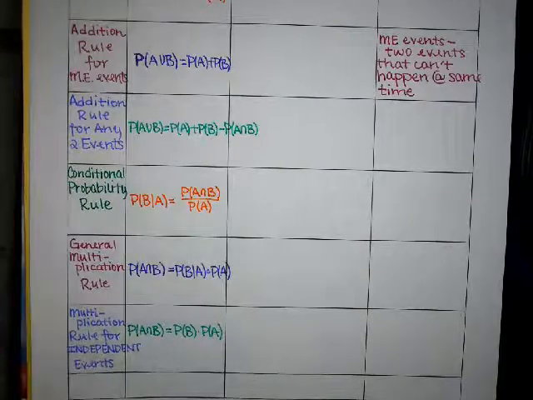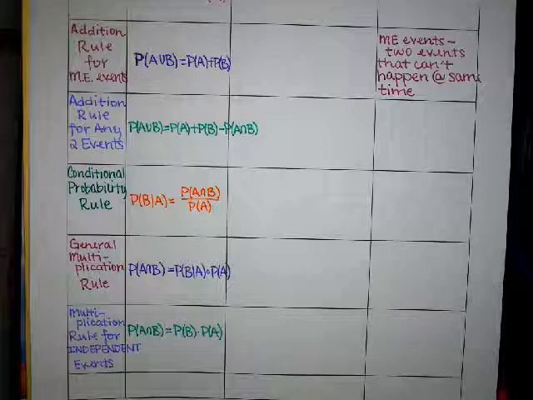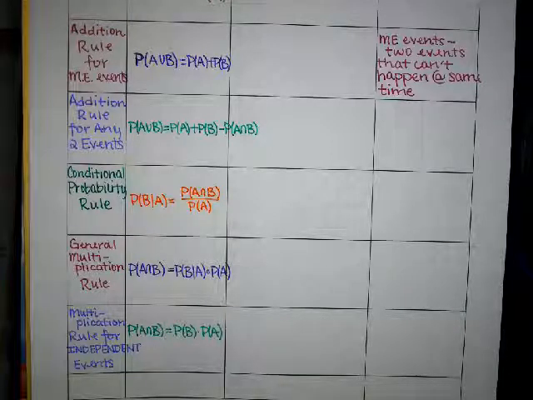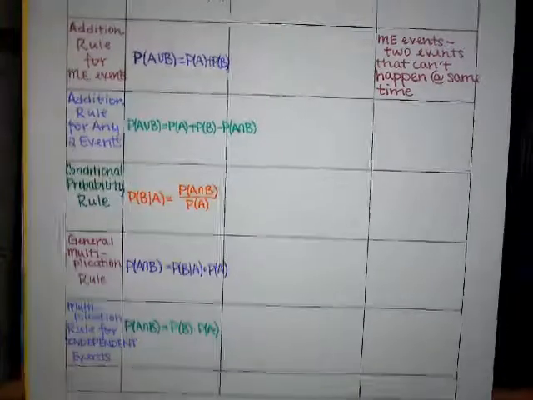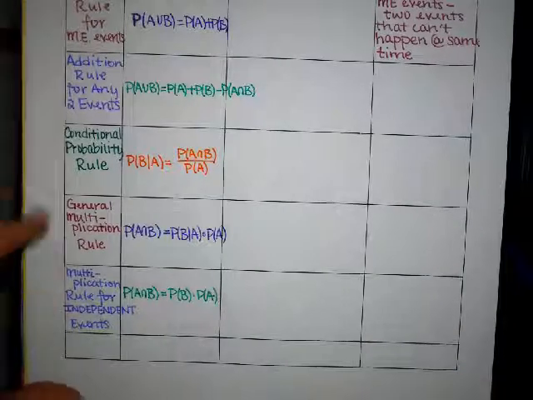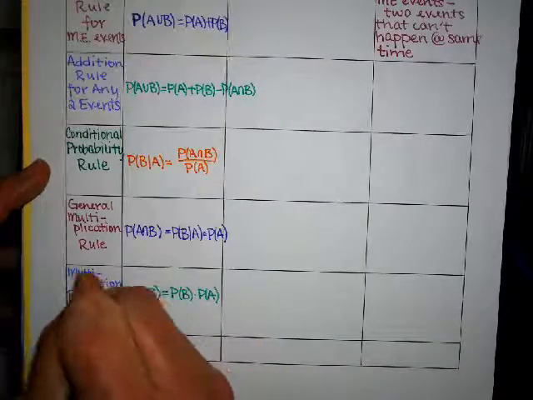And then yesterday, we talked about the last one, which technically, if you look, isn't its own rule, but it shows up often enough that I like to call it its own rule, and that was the at least one.